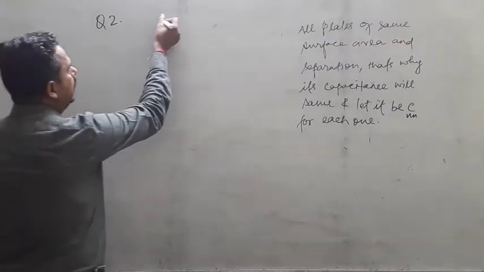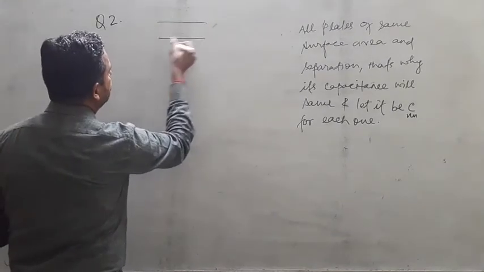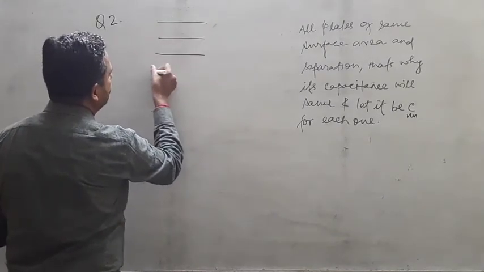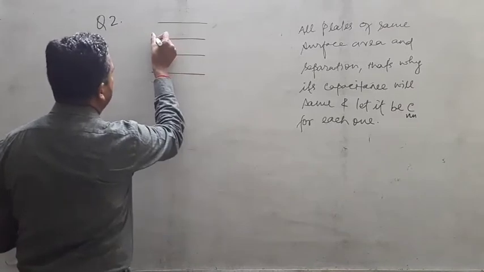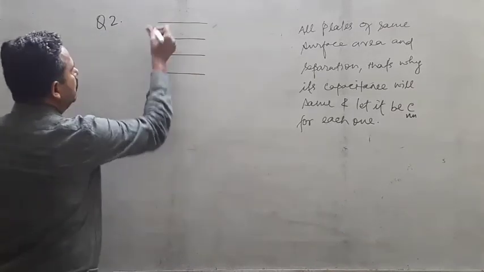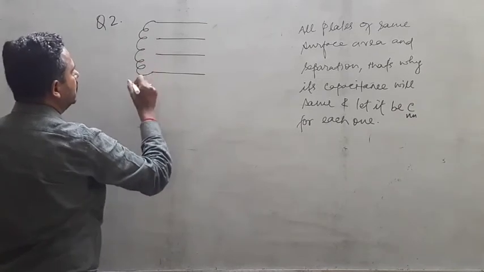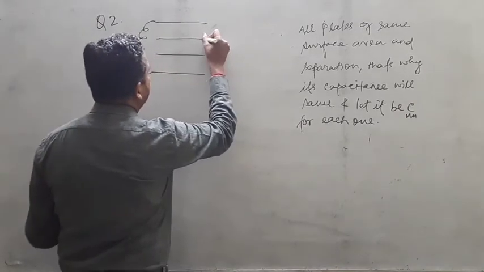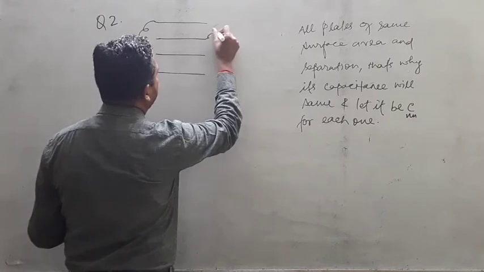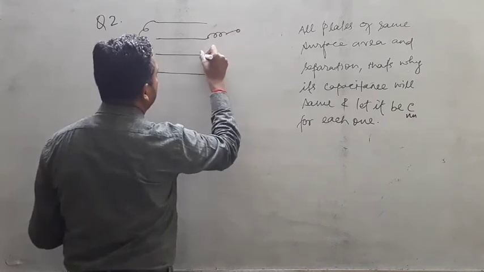So suppose this one is the second question. Again we have taken four plates with the same separation. Now I want to connect the outer two together, and the middle two we have taken as terminals.